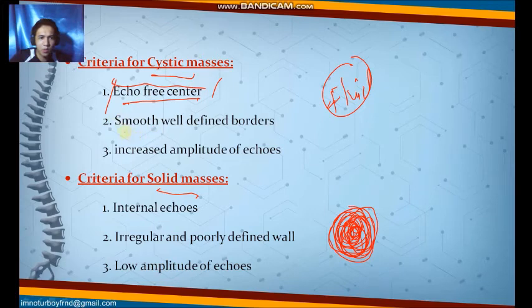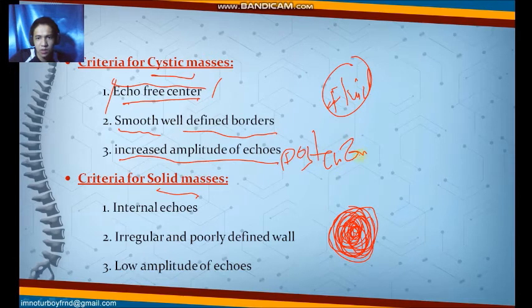Okay, so that means there are no echoes reflected, or basically, it has an echo-free center. And then for number 2, it has smooth, well-defined borders, typical of cysts. And then for number 3, we have increased amplitude of echoes, most commonly in the posterior portion.